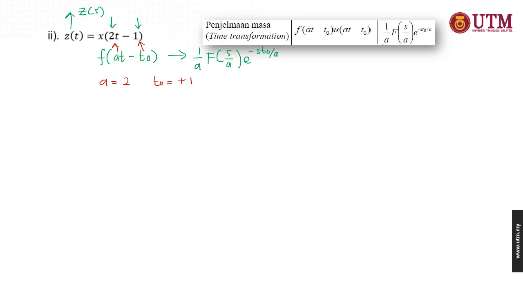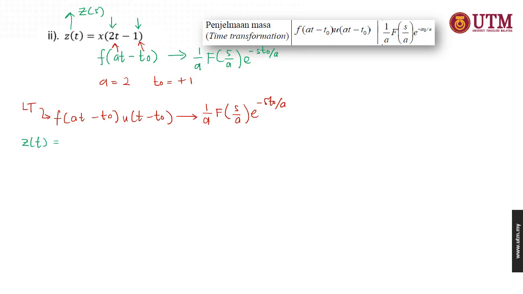Okay, so now rewrite the equation. We know from the Laplace transform table that f(at minus t naught) u(at minus t naught) will produce 1 over a F(s over a) e to the minus s t naught over a. So from your equation, you have your z(t) equal to x(2t minus t naught), in which you'll produce 1 over a. Your a is positive 2. So X(s divided by 2) multiplied with e to the minus s t naught, equal to positive 1, so s divided by a.